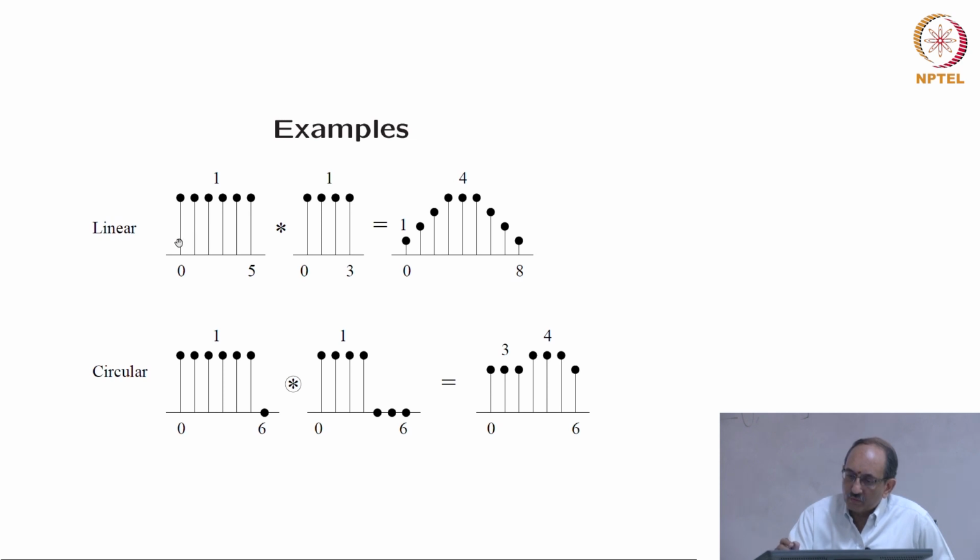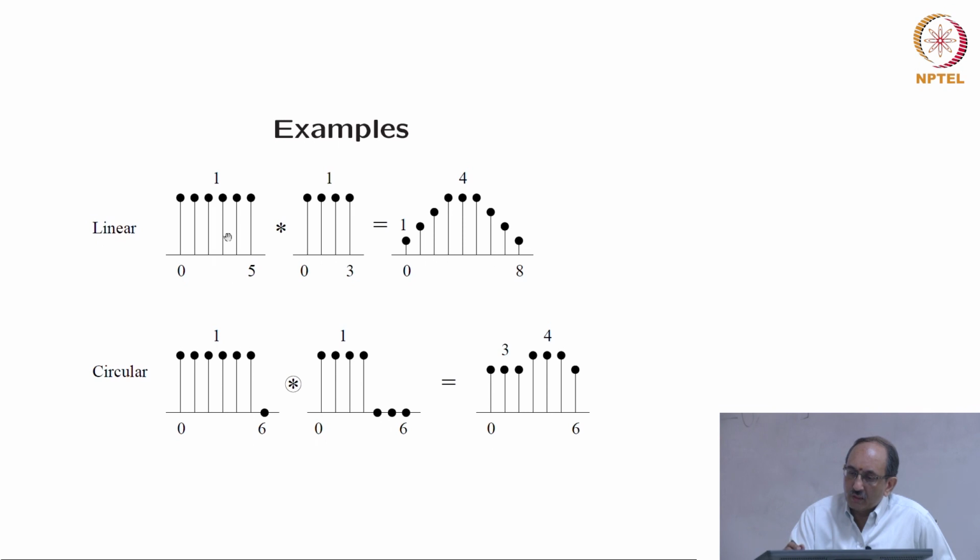So what we have done is, here is a sequence that is all ones. This is 6 long, convolved with another sequence that is 4 long. Linear convolution is the familiar one. Now when you want to talk about circular convolution for these sequences, if they are as they are, that is aperiodic, circular convolution does not make sense, because circular convolution is defined only for sequences that are periodic.